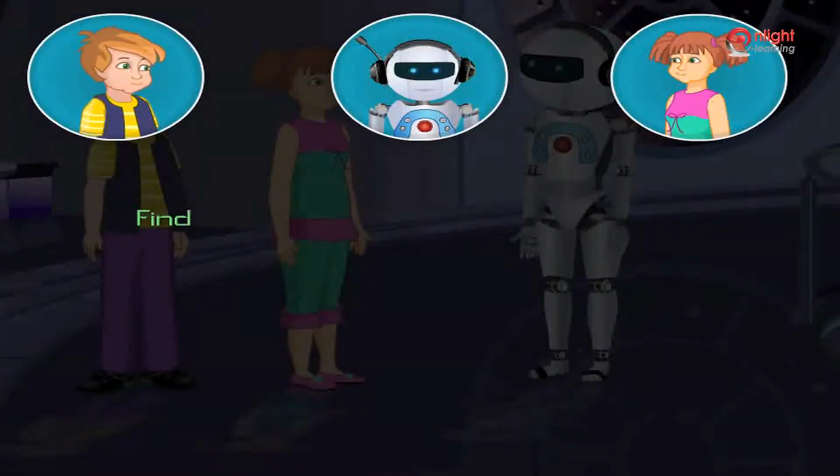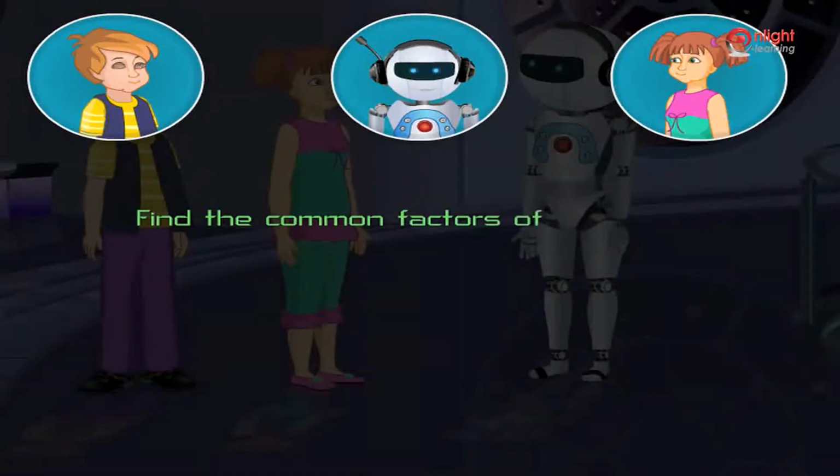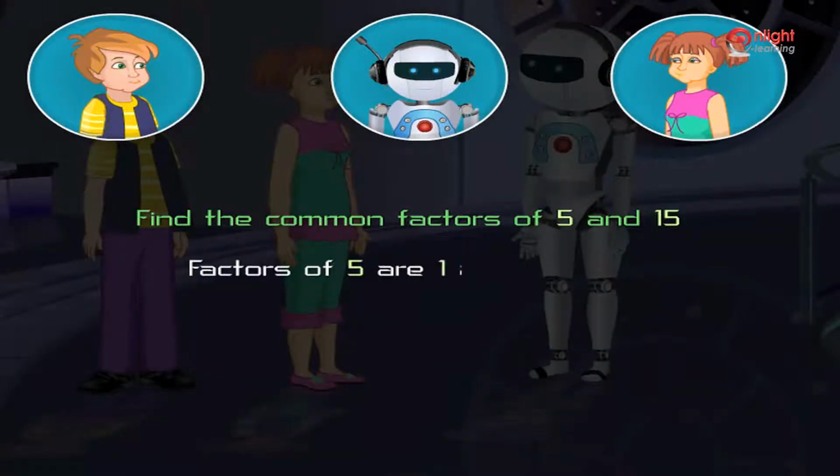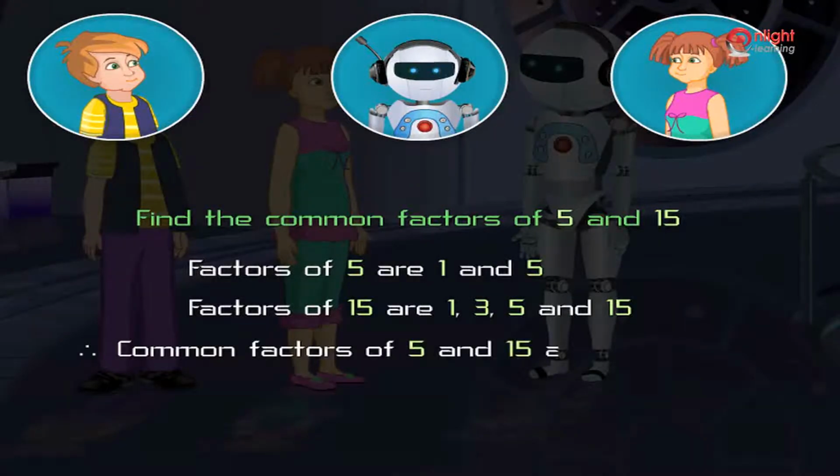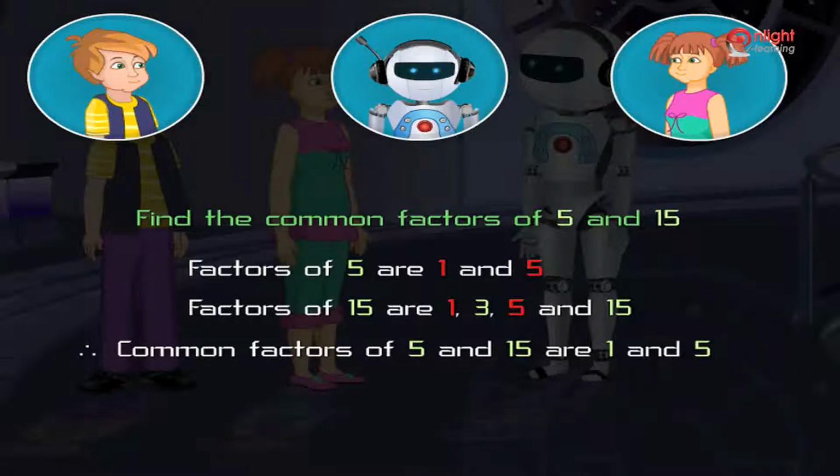Can you find the common factors of 5 and 15? The factors of 5 are 1 and 5. The factors of 15 are 1, 3, 5 and 15. Therefore, the common factors of 5 and 15 are 1 and 5.